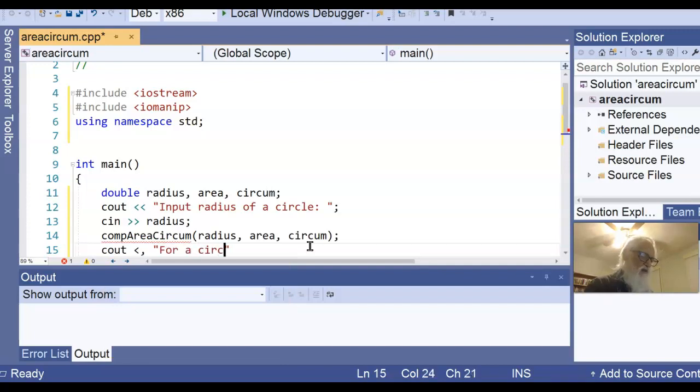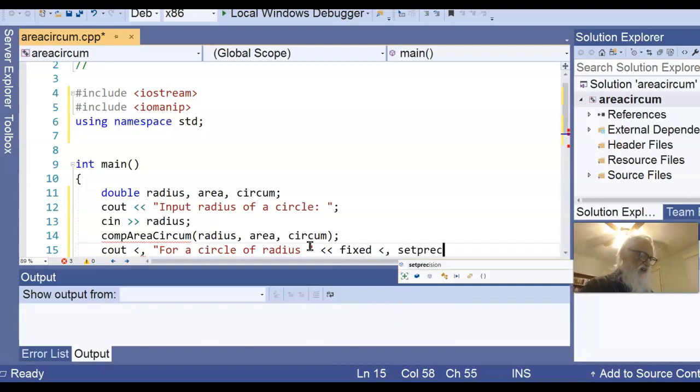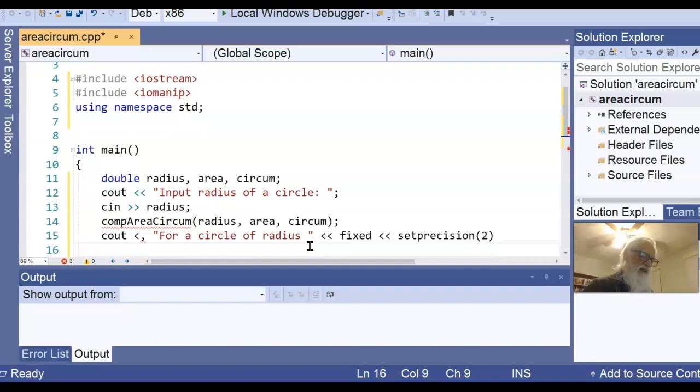for a circle of radius. Let's have all the values be fixed. Let's set the precision at 2. Now that means that I'm going to get things like dollars and cents if they were money. They're not, but just if they were. Then I'm going to print out, I think I'll just print out the radius.